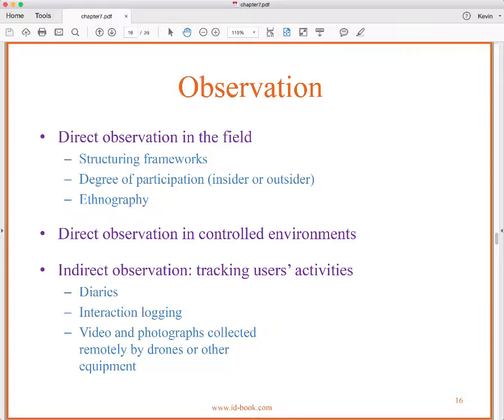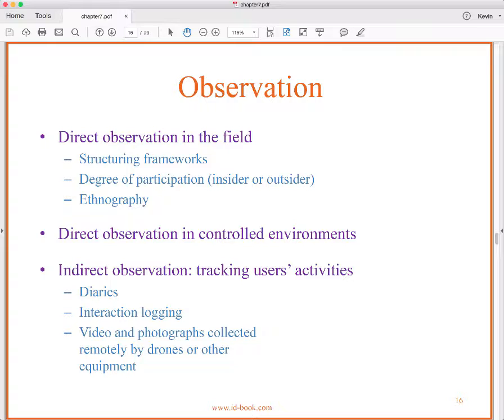Now let's talk about observation, because observation is a very powerful way of gathering data about interaction. So what kinds of observation? Well, direct observation in the field, direct observation in controlled environments, and indirect observations. We're going to talk about all three.